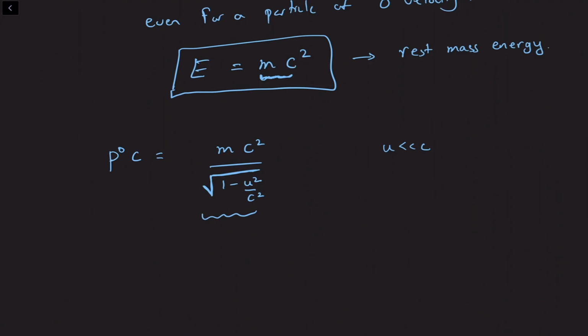Now, if there was some way to unlock this energy, that is, you could convert this particle from one form to another, let's say through a radioactive decay or some kind of collision process, then it would be possible to transfer that rest mass energy into other forms of energy.